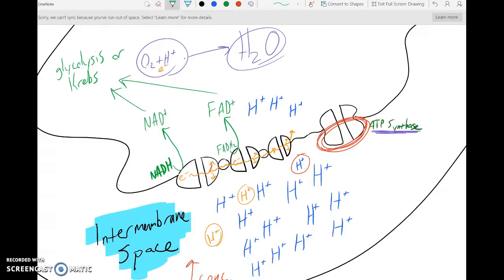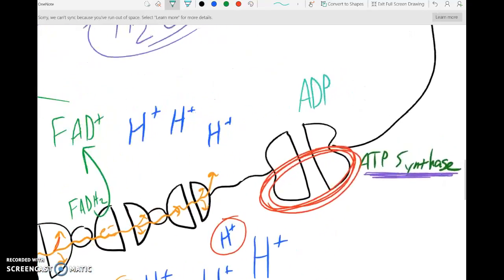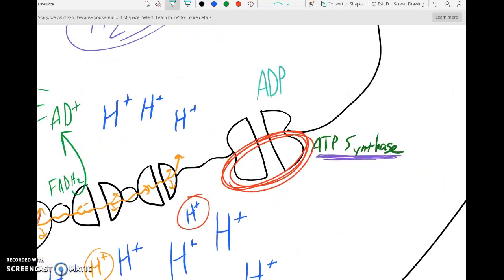As it spins, it's going to take ADP, which is adenosine diphosphate. It's going to grab another phosphate that's floating around in the cytoplasm. And both of these are going to essentially get jammed together by ATP synthase. And what that does is it turns this adenosine diphosphate into adenosine triphosphate, which we know better as ATP.